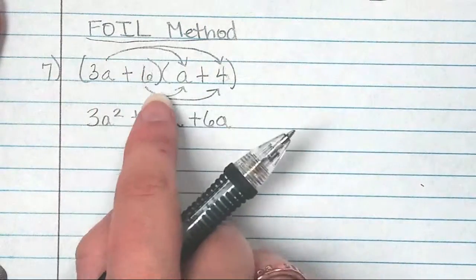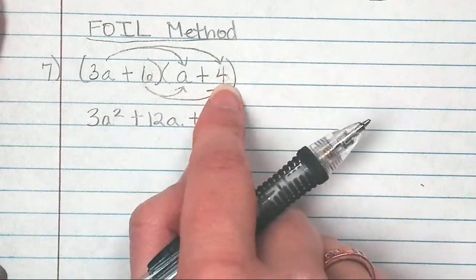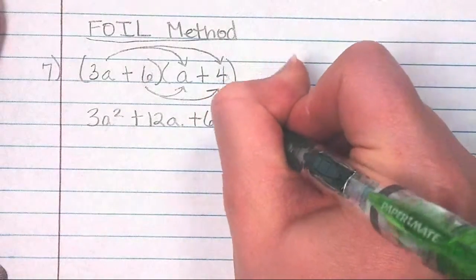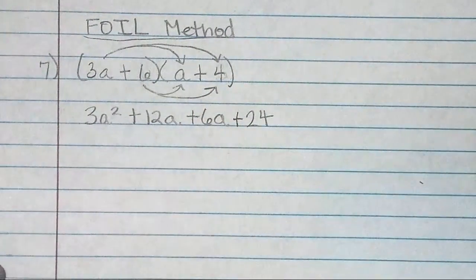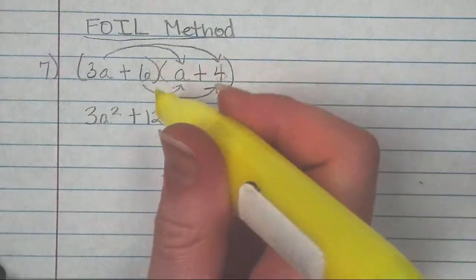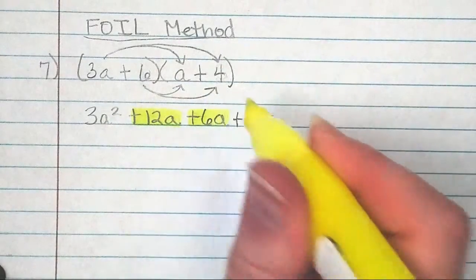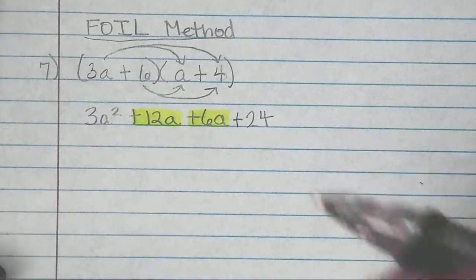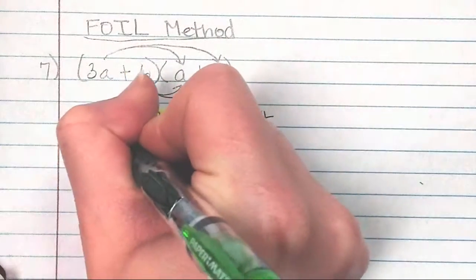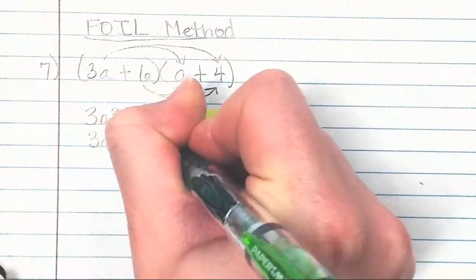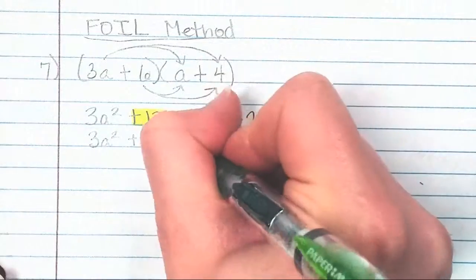And then L is for last. 6 times 4 is 24. And then again, you always have to combine like terms, if there are any. So we bring down our 3a squared, and then this would be 18a, and then we have plus 24.